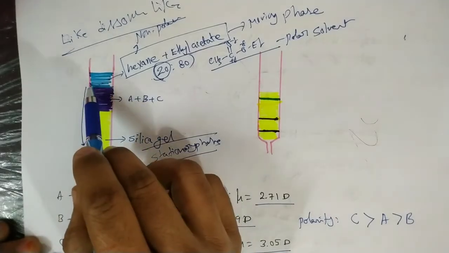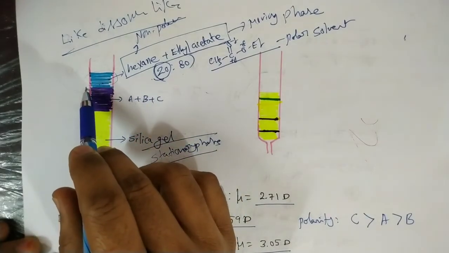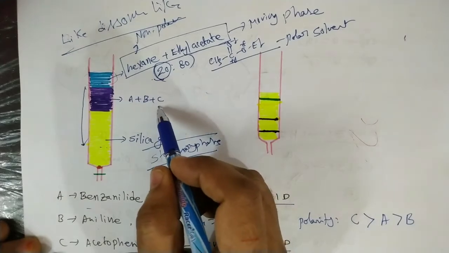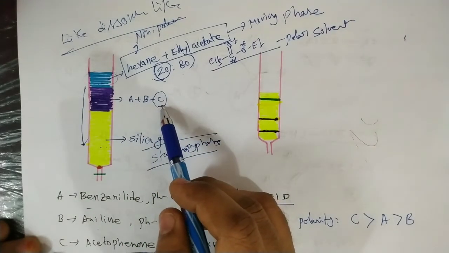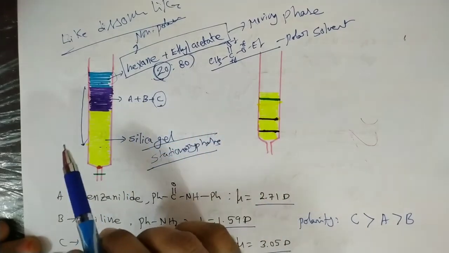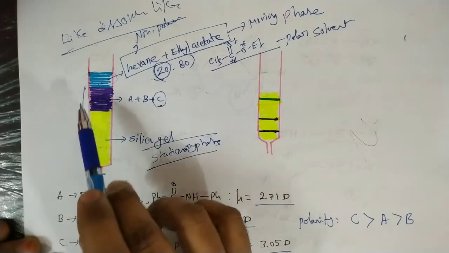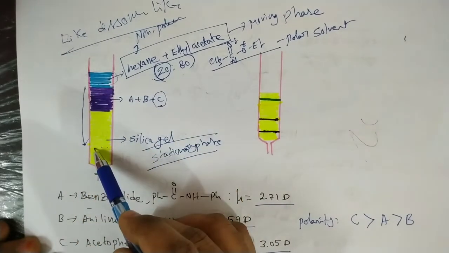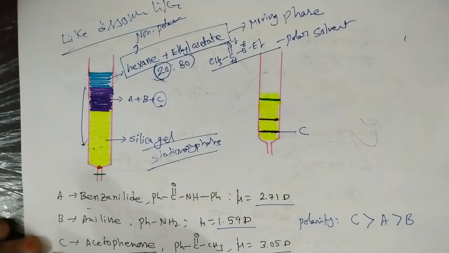So this mixture has a more polar nature. With the moving of this solvent, compound C moves first, because the more polar compound dissolves in the more polar solvent. Like dissolves like, so compound C, the more polar compound, is moving with the solvent. So we will get compound C first.